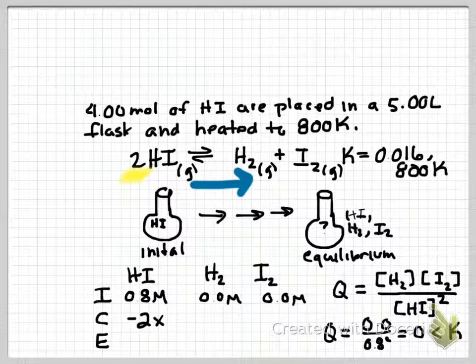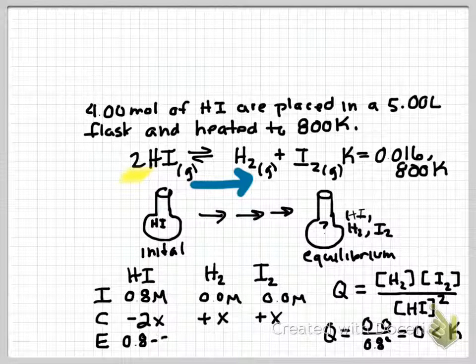And then I'm going to produce some number x of hydrogen and some number x of iodine. And at equilibrium, I'm going to have 0.8 minus 2x, x, and x. So that completes my ICE table.